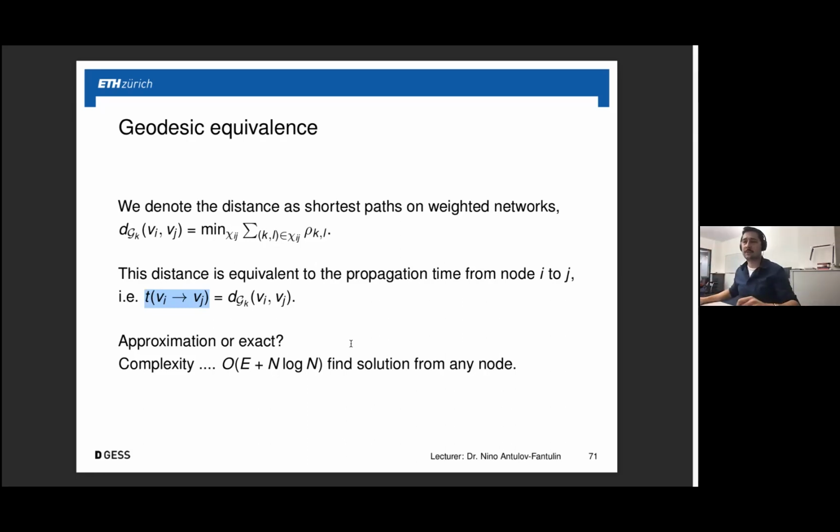So essentially the quantity on the right hand side is a purely structural property that tells you what is the shortest path from one node to another one. And here this is a dynamical quantity from epidemic dynamics, and they are saying that these two things are equivalent. Okay, whether it's approximation or exact, I can take your questions, then we can go into more details.